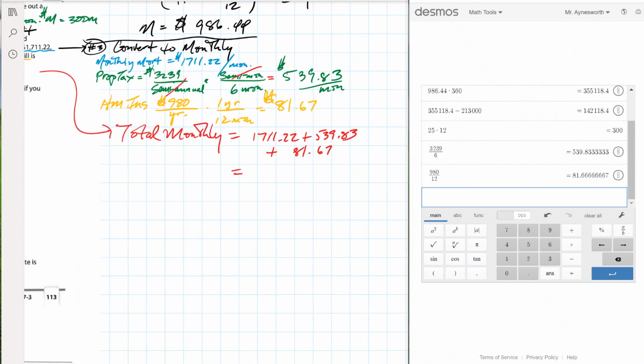Make sure you press the right buttons, that's the hardest part of this whole exercise. And you get $2,332.72.